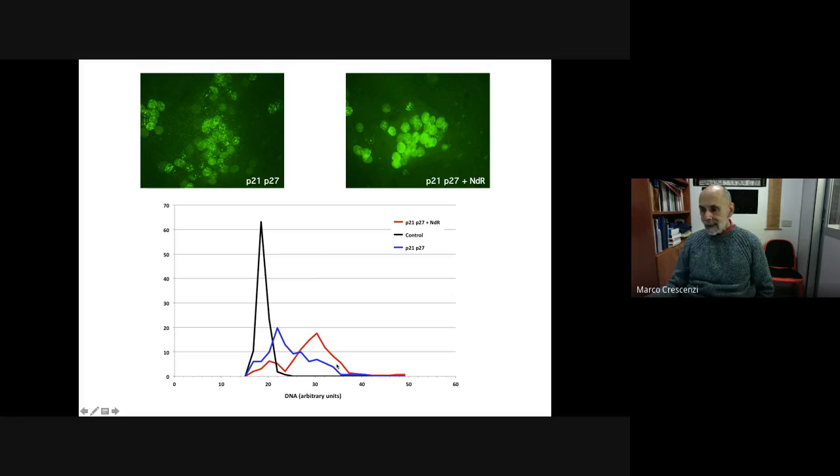Nonetheless, this shows that giving myotubes extra nucleotides really makes a difference, really allows them to synthesize more DNA. And so their amount is in fact limiting for DNA synthesis. However, it also shows that it's not sufficient to expand the nucleotide pool to allow full DNA replication, because even with supplementation, the average content of the nuclei is 30, which is not twice as much as 19.